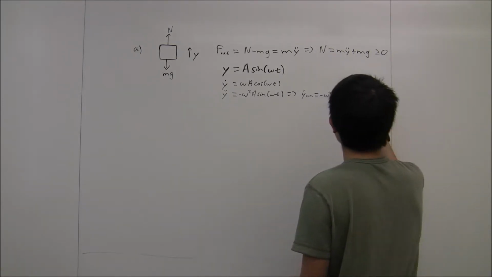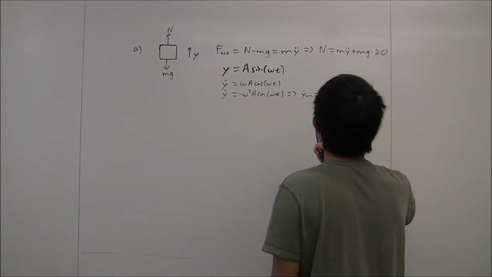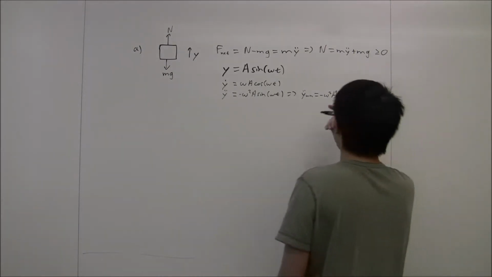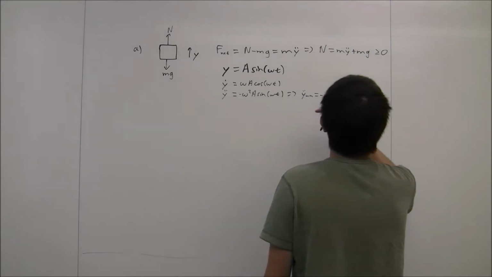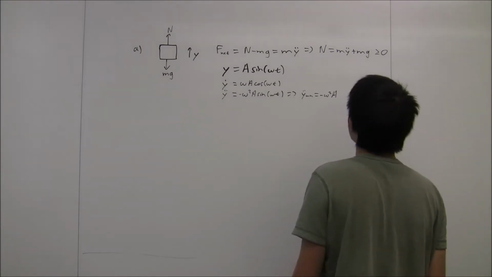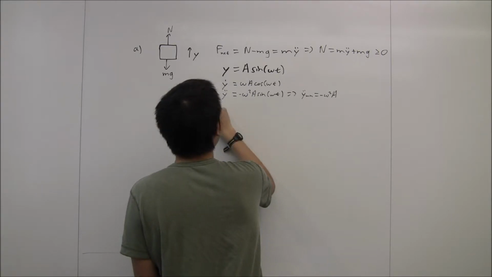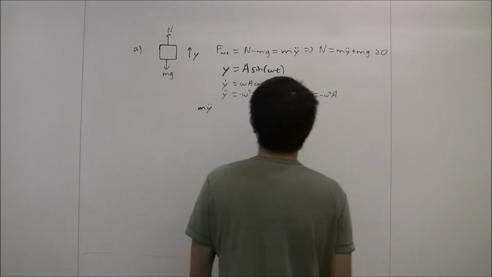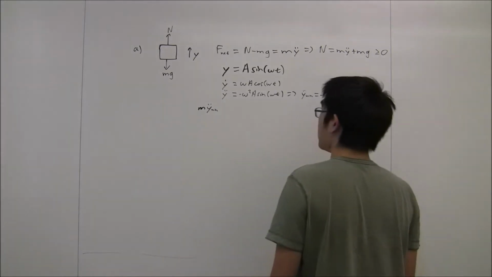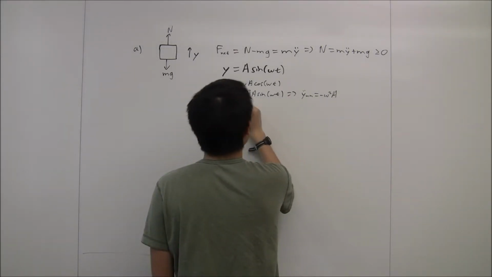Now, we know that at the critical angular frequency, the minimum value of the normal force is 0, which means that m y double dot minimum at the critical frequency is equal to negative mg.